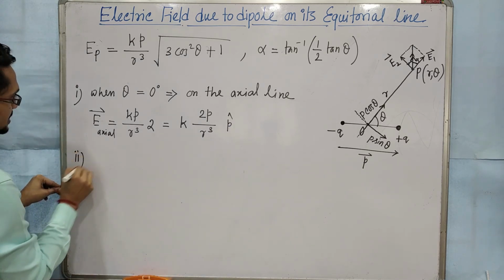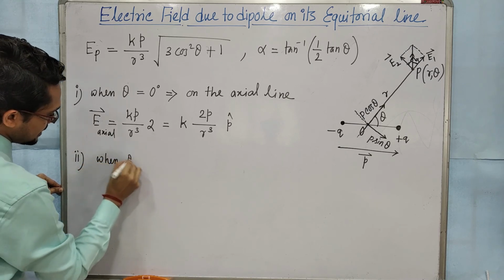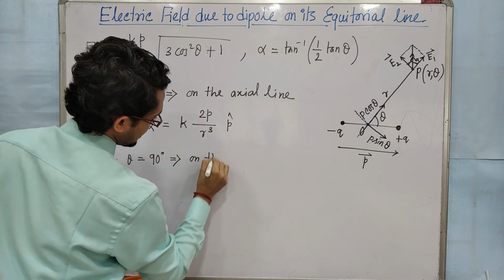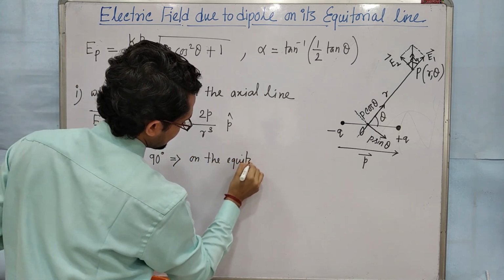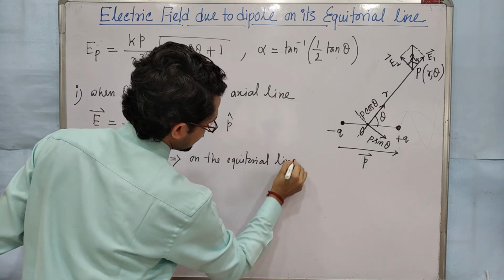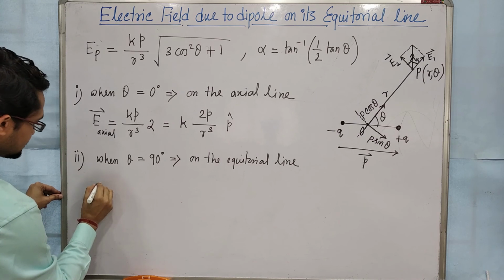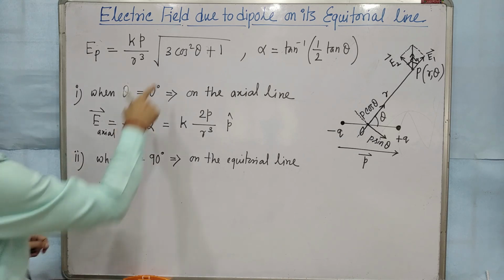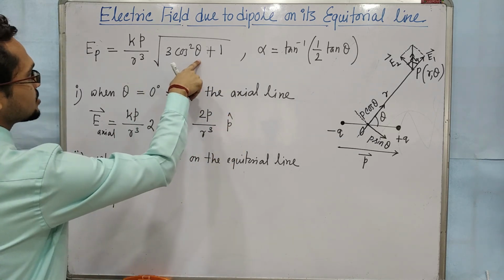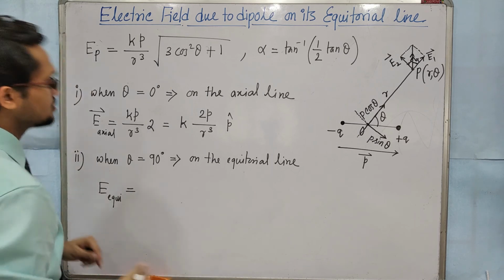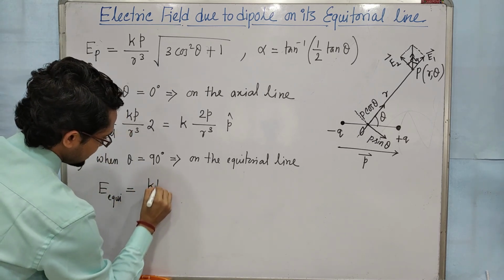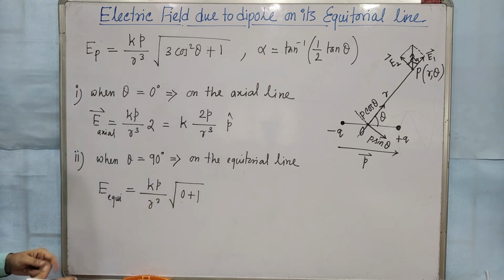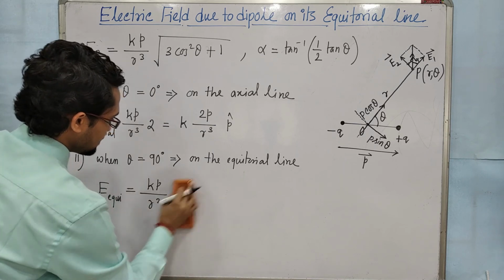Second one, when theta equals 90 degree, that means on the equatorial line. Then E equatorial will be, look here, cos 90 means 0, so Kp by r cube root over 0 plus 1. 0 plus 1 means 1, so Kp by r cube.